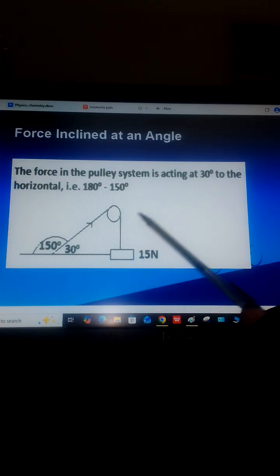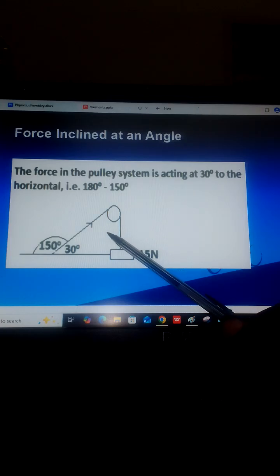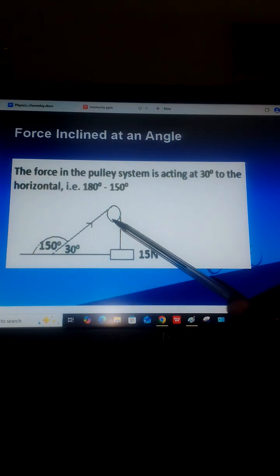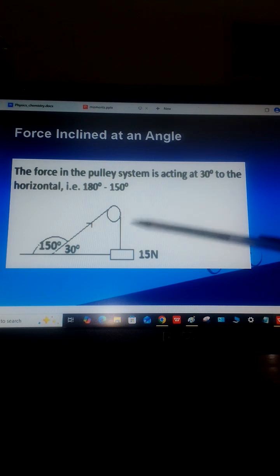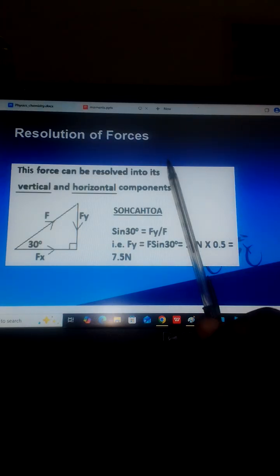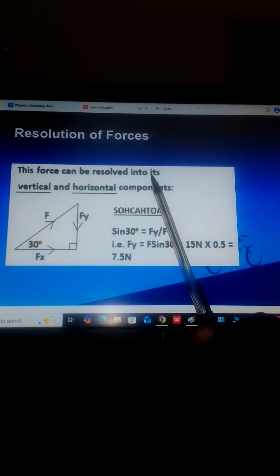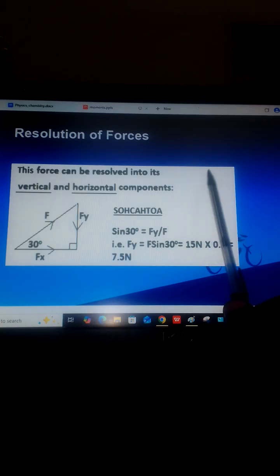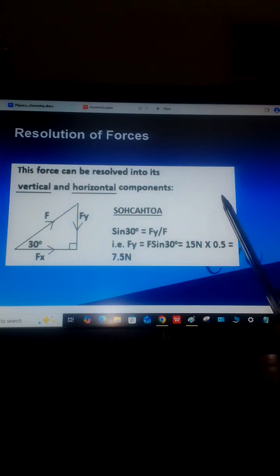So we want to find the vertical component of this force, the force acting vertically downwards, because that's what we need. So we are talking about resolution of forces. That force in the pulley system can be resolved into its vertical and horizontal components.